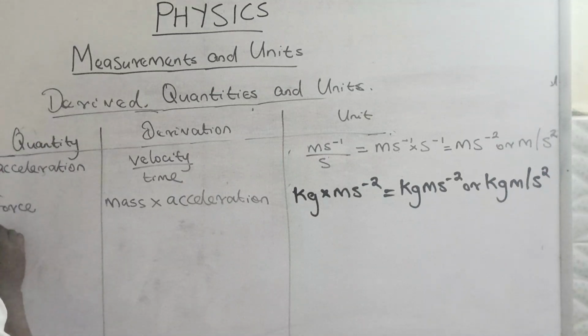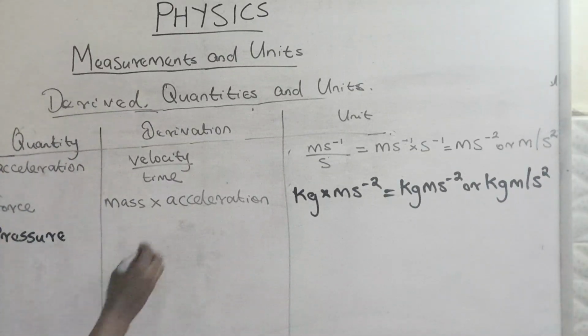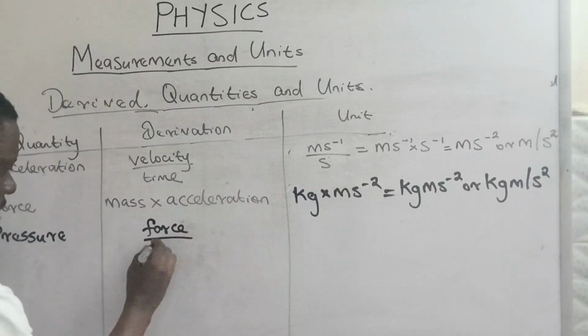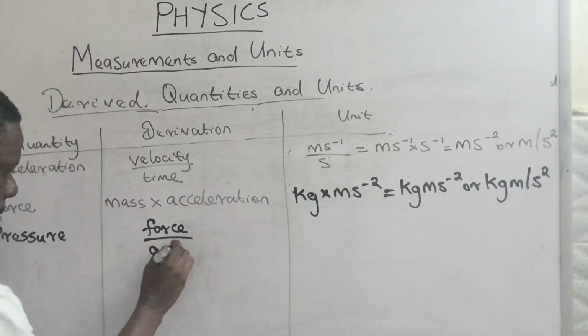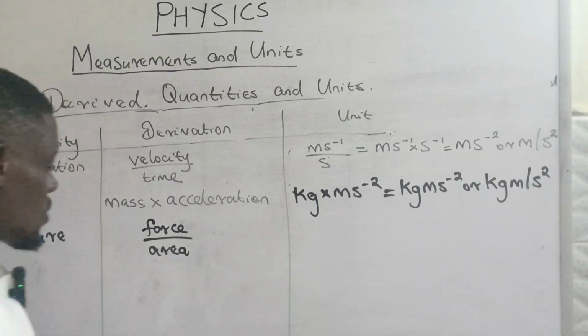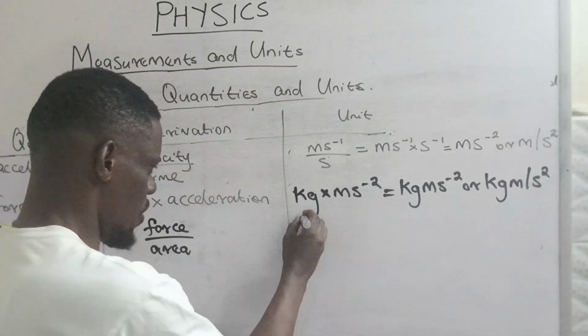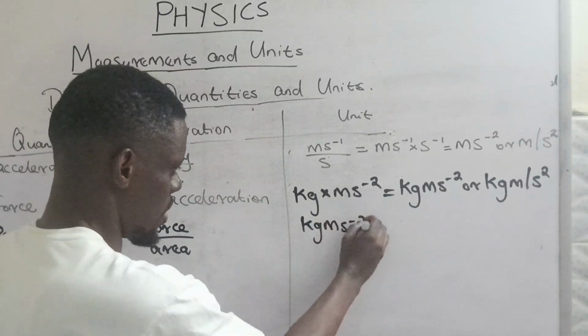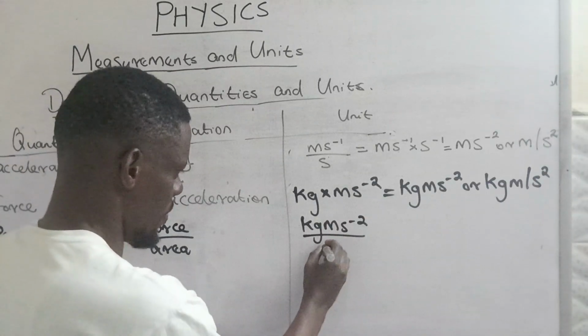Next is pressure. The pressure acting on the body is the force per unit perpendicular area. So this gives us a unit of force, which is kilogram meters per second square, over area, meters square.